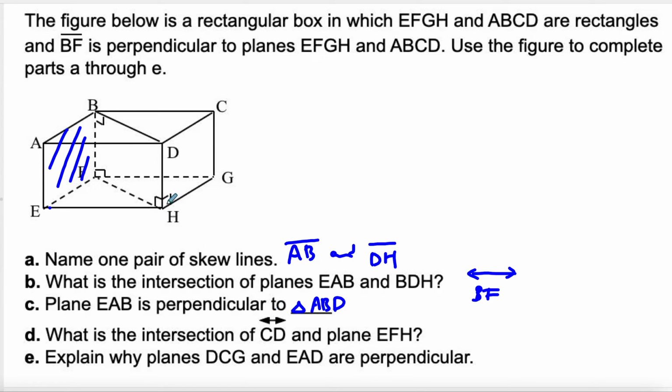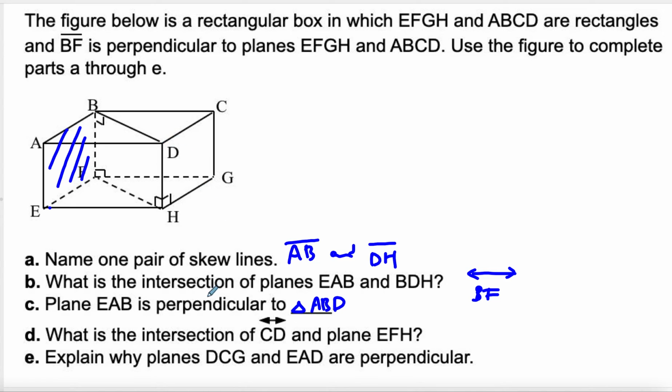This is not the only answer. You can say plane BAD, plane BCD, plane BADC, anything, and the bottom here too. You can use any of these 4 points, but in one order, in one direction. Whether you say plane FEH or FHE or FGH or FHG, and so on.